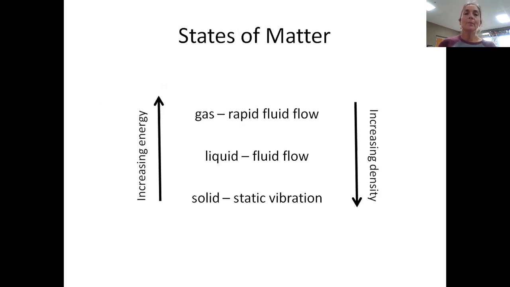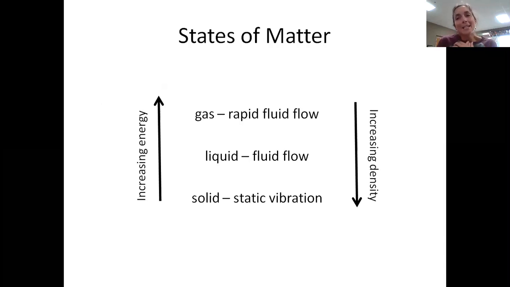Okay. When you're talking about the different states of matter, like solid, liquid, and gas, we have to remember that a solid does not flow. It does move, but by move, we mean that the atoms in the solid will vibrate.